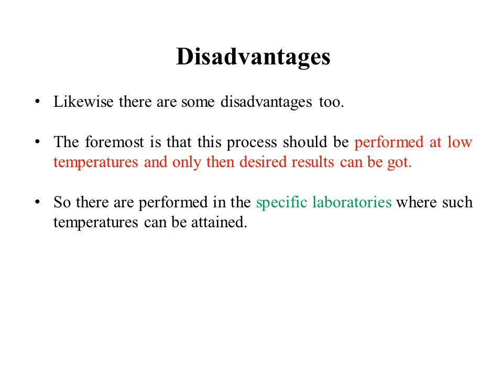The foremost is that this process should be performed at very low temperature and then desired results can be obtained. And we have studied in our previous lecture that EPR spectra are usually recorded at a temperature around 10 Kelvin, and even sometimes the requirement of temperature is below 2 Kelvin.